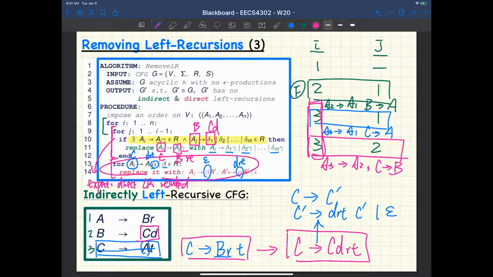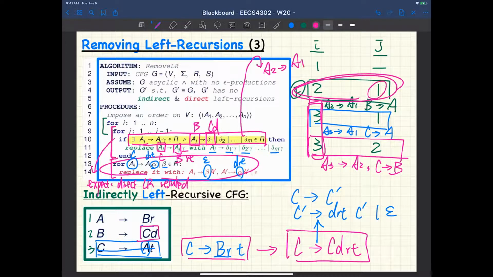All you have to see is, for this current iteration, for example 2, 1, when I'm evaluating this condition, I'm only checking to see whether A2 produces AJ, which would be 1, actually exists. I'm at line 11.